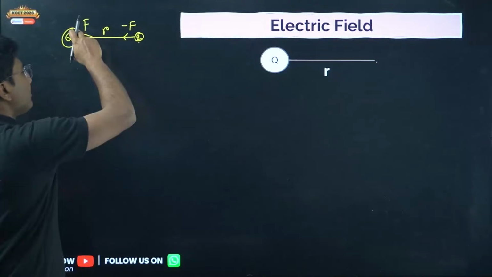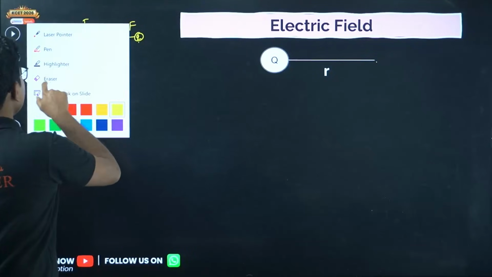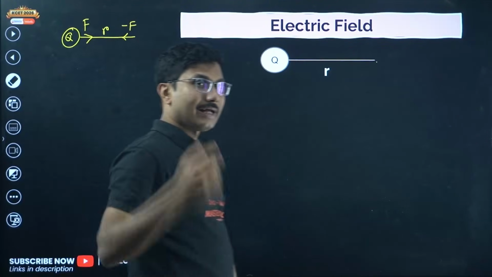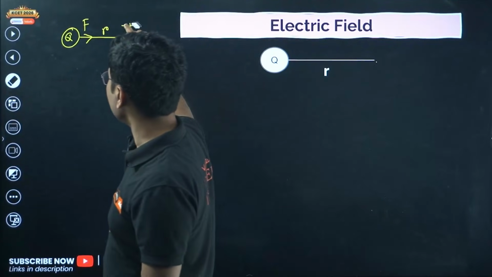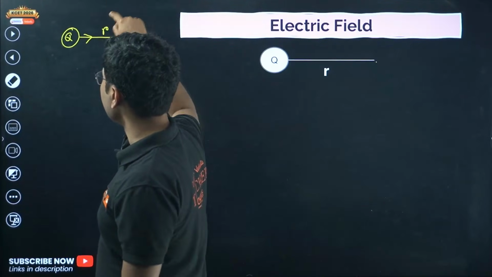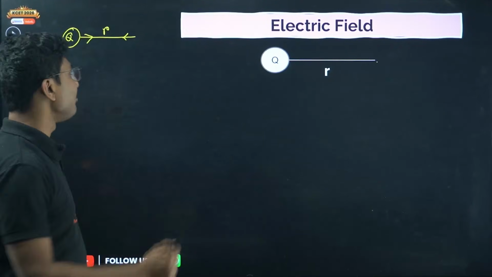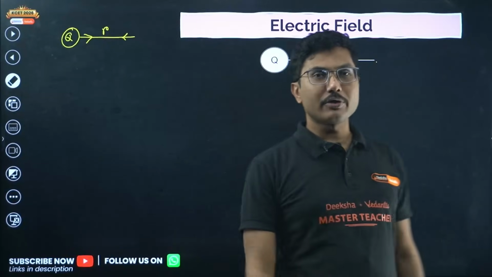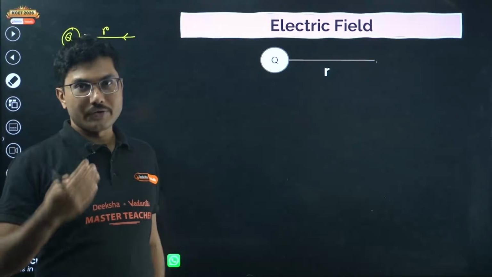So this force plus means this will be minus, but if you remove this charge, will there be any effect of this capital Q charge left there? Yes, it will be there. Obviously the force is no longer there, the force is gone, but there is some effect, and that effect can be understood if you put back any other charge over there. So what we are trying to do is make at least one of the charges free.